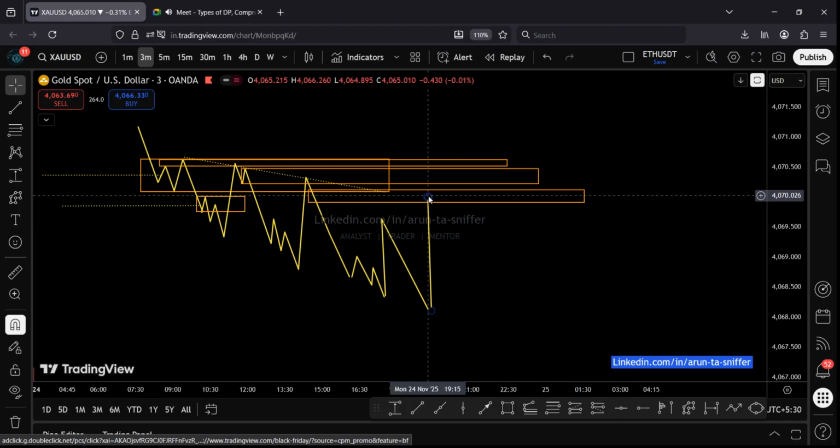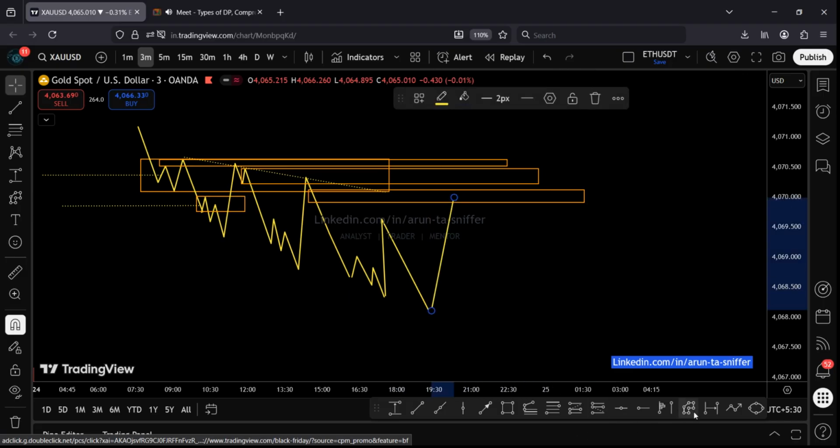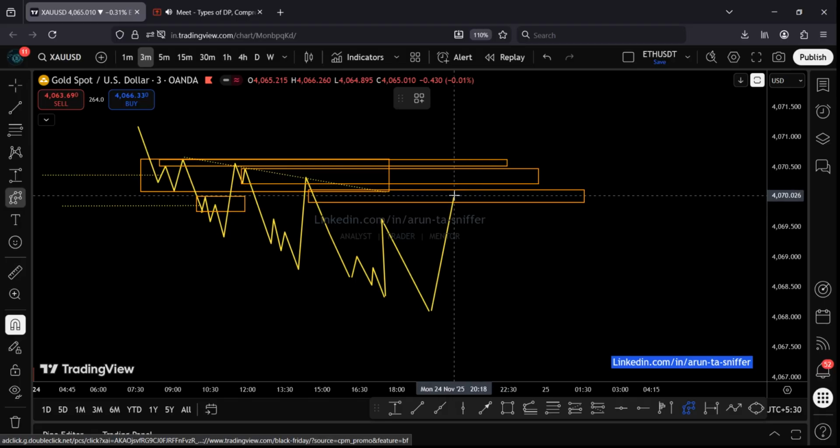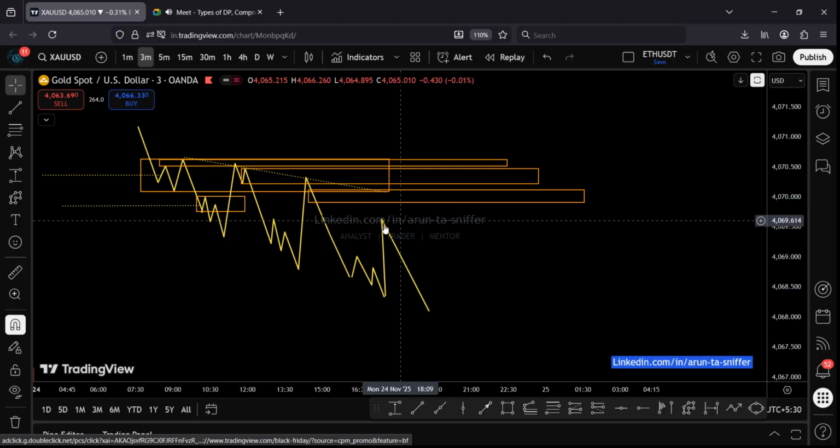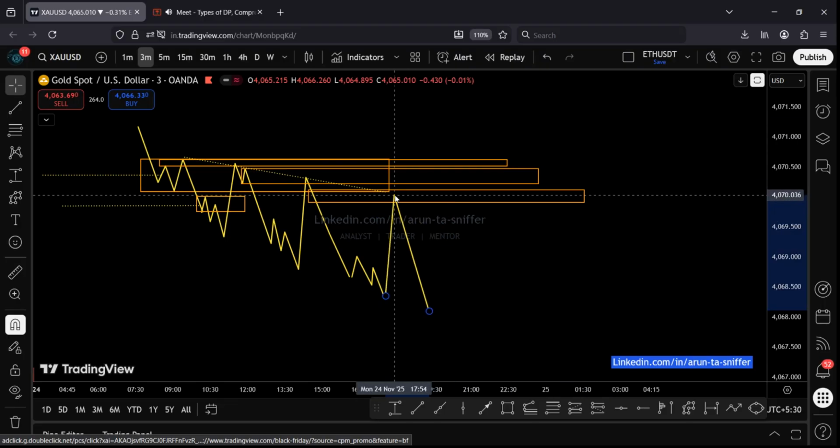Price will go back to here and fall down again, okay. So this is how order transfer happens.